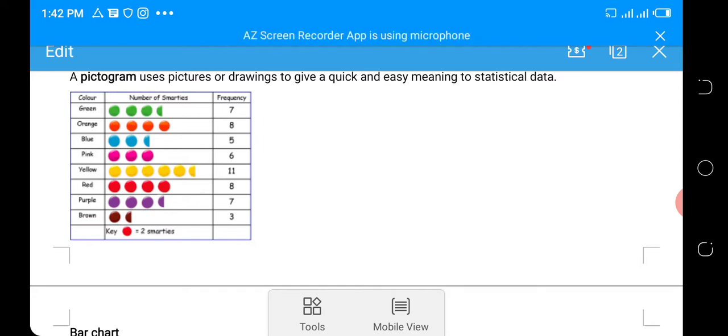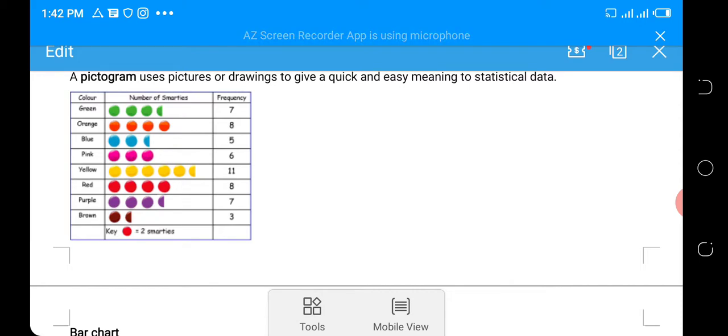So for green color, there are 3.5 circles there, meaning that there are 7 Smarties.